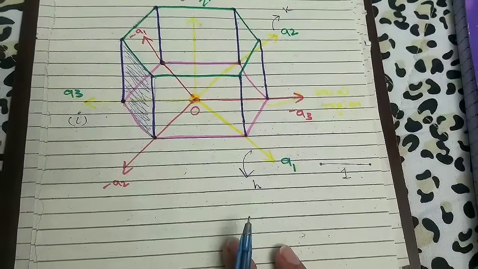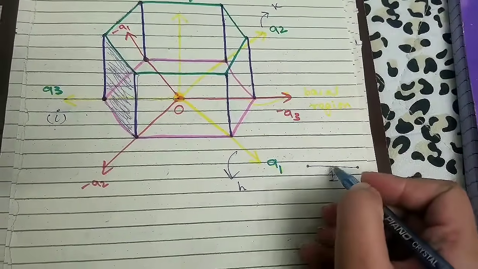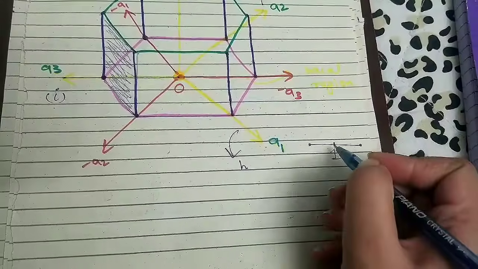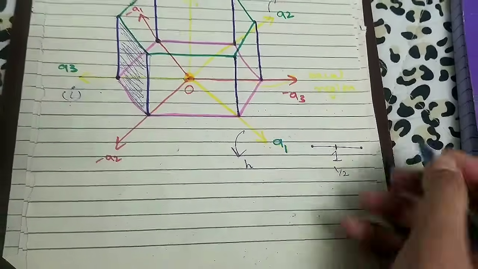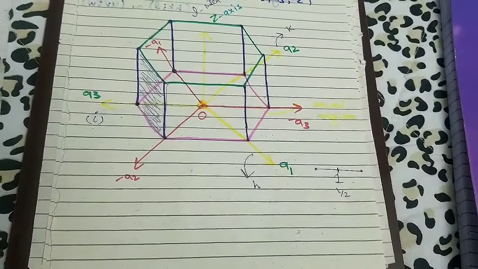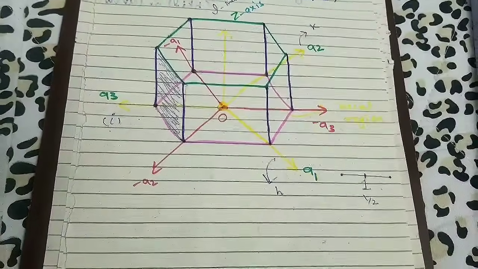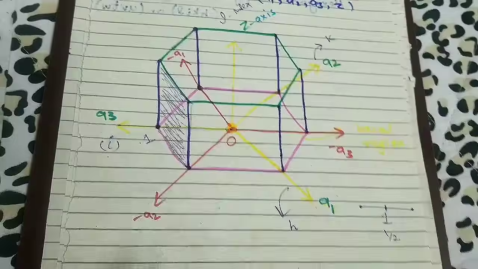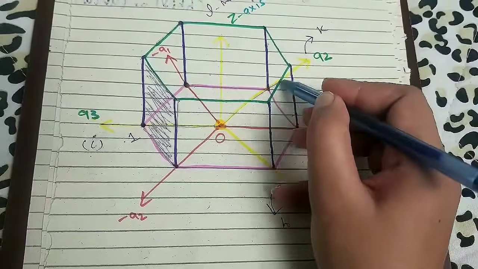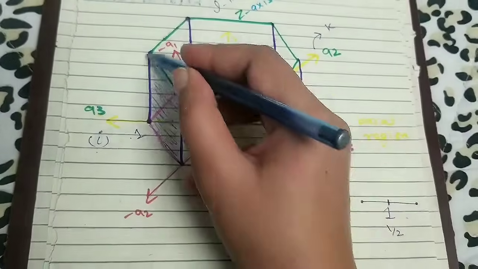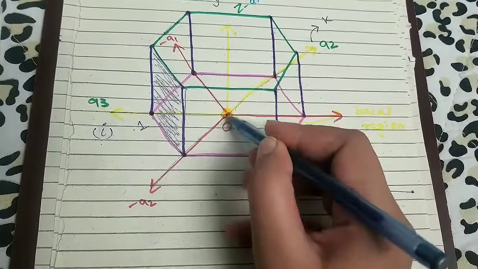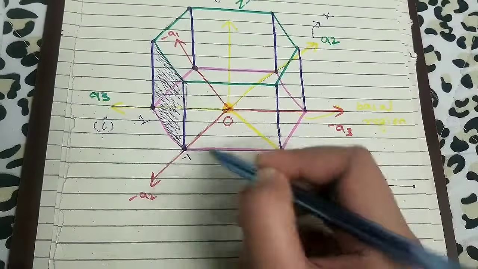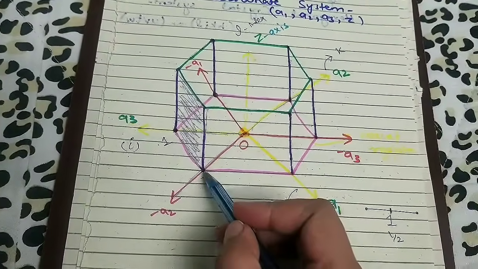It will be taken as 1, all right, and if it is touching at half the distance from the corner of the unit cell, then it will be taken as half, and so on, depending upon the fractional distance from the corner of the unit cell. Hence the intercept corresponding to the A3 axis will be 1. Here is the positive A2 axis, and here is the negative A2 axis, and the plane is intersecting the A2 axis at this point in the negative direction, so its intercept will be taken as -1, since it lies at the corner of the unit cell.